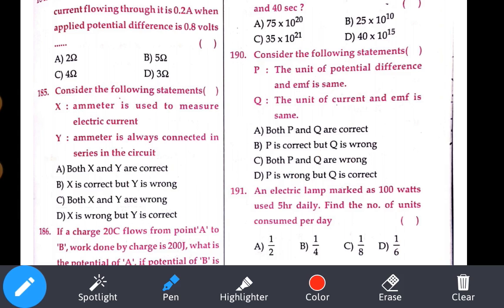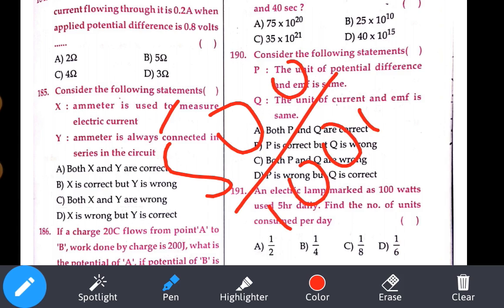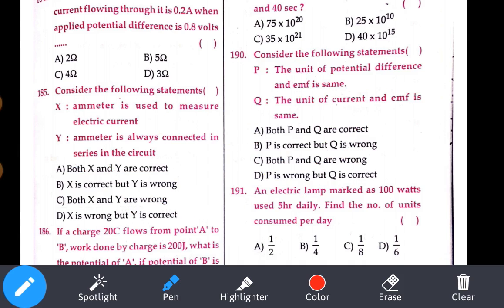You have got 500. Per day they are asking, so by 1000 you have to divide, because 1 unit is nothing but 1 kilowatt hour. So the zeros get cancelled. 5 twos are 10, so 1 by 2 is our answer. Option number A is our answer.